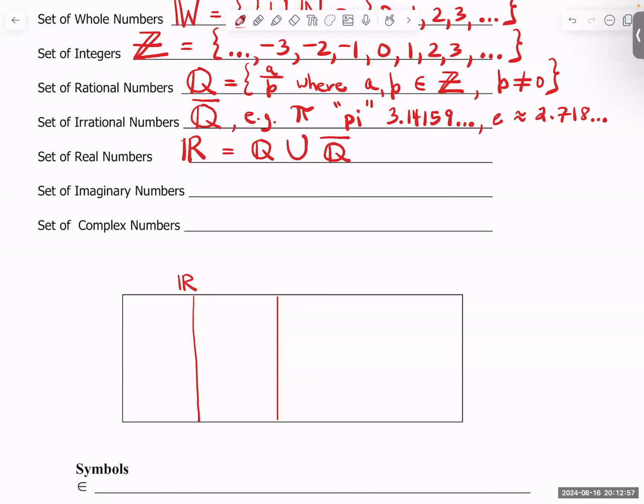So we have rational numbers, those are all the natural numbers, integers, fractions, and numbers that are not rational, or members of the set Q bar. So the union of rational numbers with irrational numbers forms the set of real numbers.